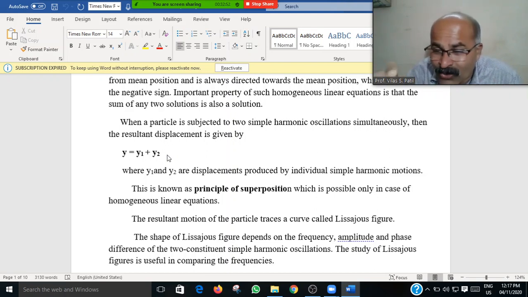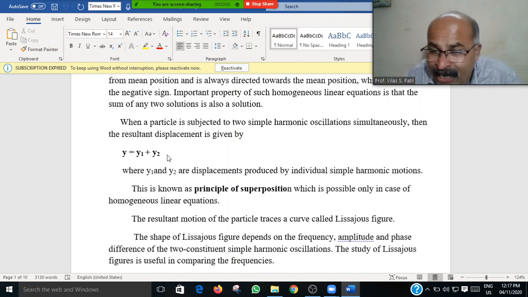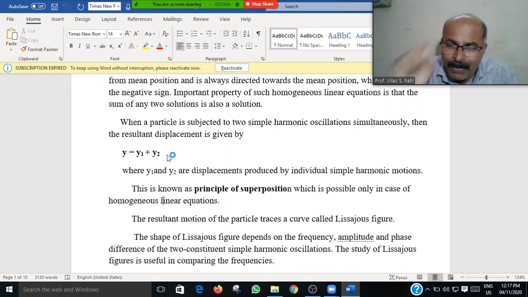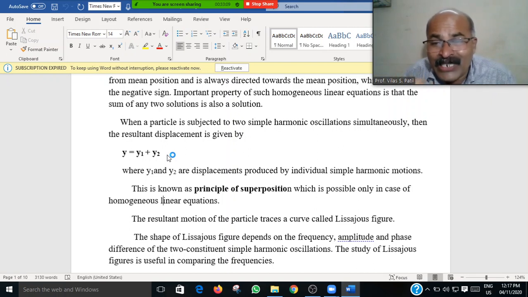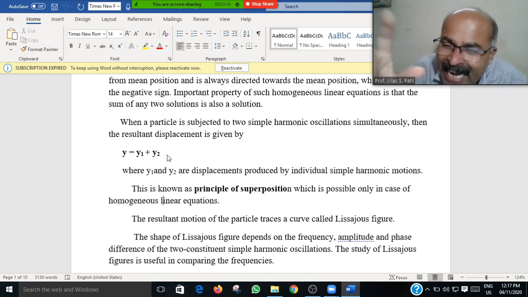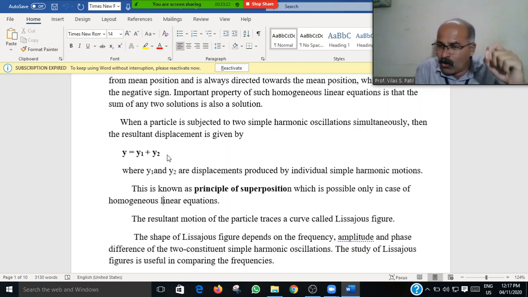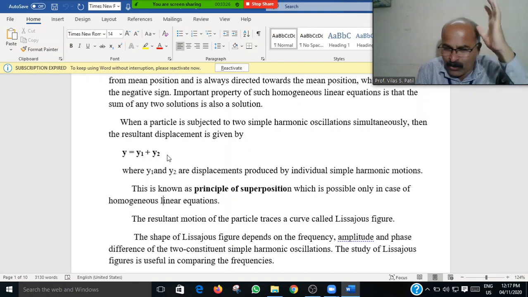Here we are considering that two actual restoring forces are applied on a simple pendulum, then the resultant displacement is the logical addition of the displacements made by subjecting each force individually. Then the resultant displacement y is equal to y1 plus y2.